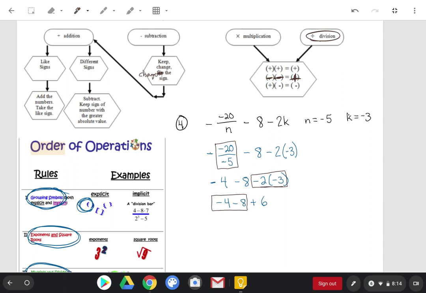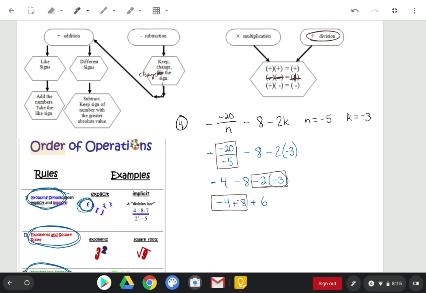So I need to do that. I need to keep the negative 4 just as it is. I need to change that subtraction sign to an addition sign. I need to change that positive 8 to a negative 8. So now I have negative 4 plus negative 8.